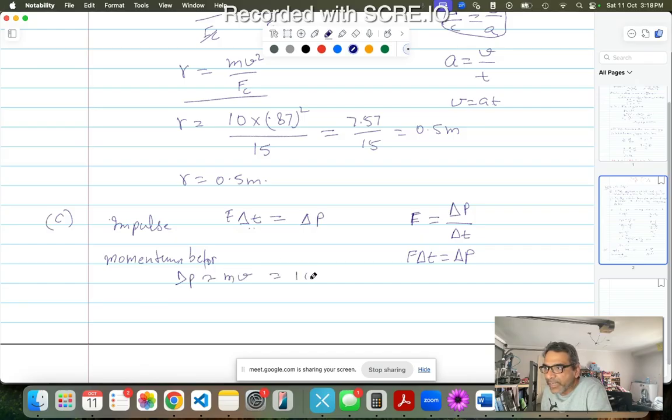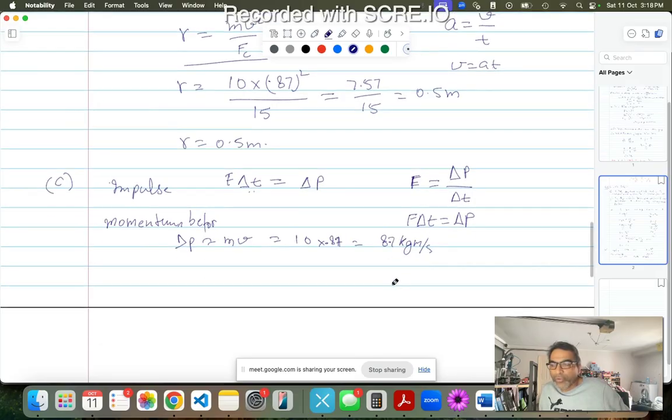We have m that is 10 and v that is 0.87, which gives us 8.7 kg meter per second. So that's the momentum before.